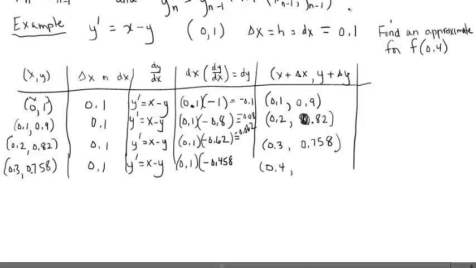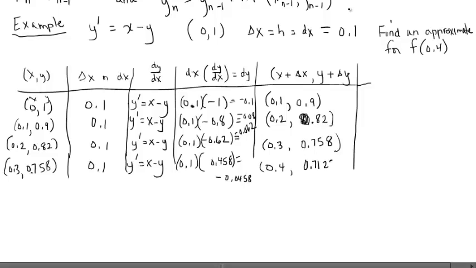Let's multiply here. It's going to be negative 0.0458, and that's what we're going to add to the previous y. I believe the result of that is 0.7122.